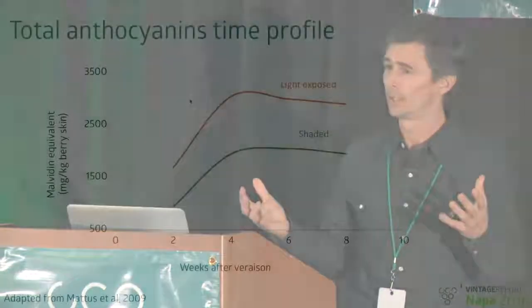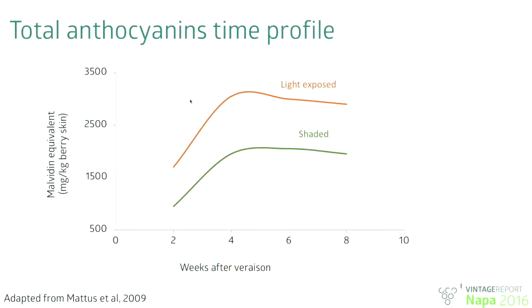And you see that when the negative effect of temperature is sorted out, because they looked at the fruit on the east facing side of the row, so looking at the morning sun, light exposure boosts color accumulation. And significantly, it's a difference of 1,000 milligrams per kilogram of berry skin.